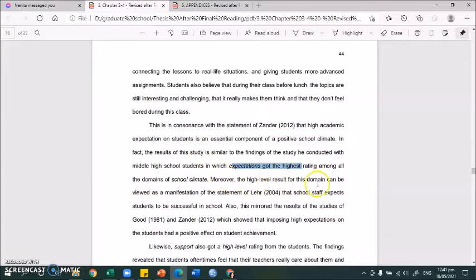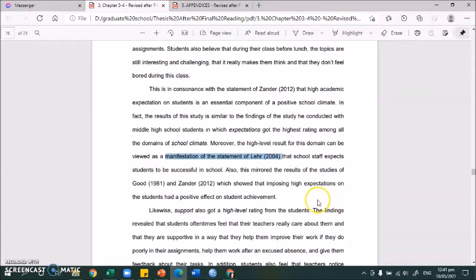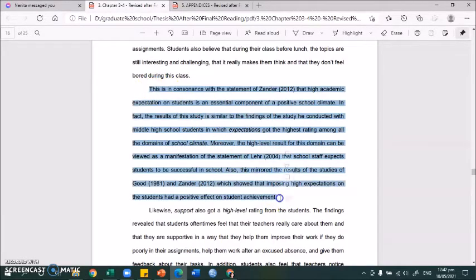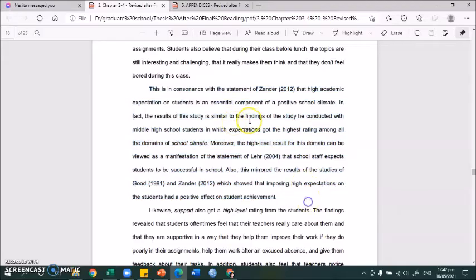Moreover, the high-level result for this domain can be viewed as a manifestation of the statement of LER 2004, that school staff expect students to be successful in school. Also, this mirrored the results of the studies of Good 1981 and Zander 2012, which showed that imposing high expectations on the students had a positive effect on student achievement. So, meron ditong more than 3 literature support for the result on high expectations.